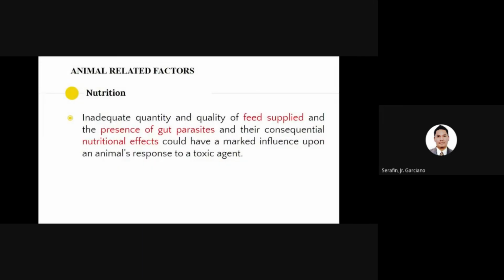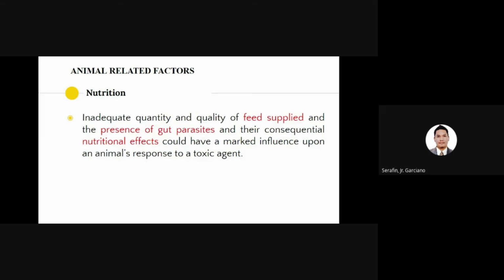In nutrition, inadequate quantity and quality of the feed supplied, and the presence of gut parasites. This gut parasite could be a competitor for the nutrition of the animal, and their consequential nutritional effects could have a marked influence upon an animal's response to toxic agents.